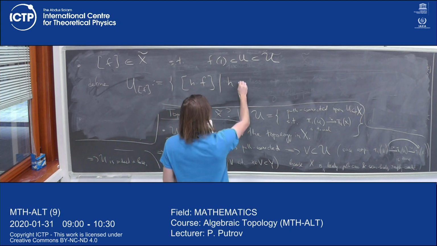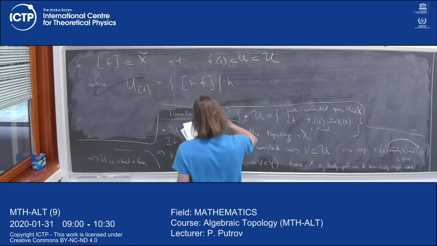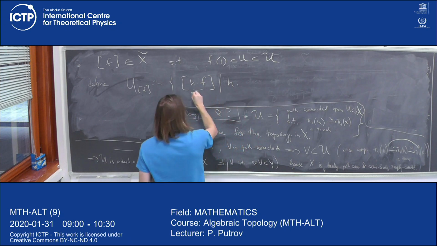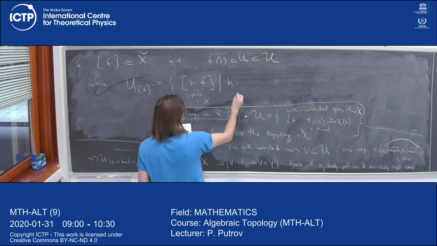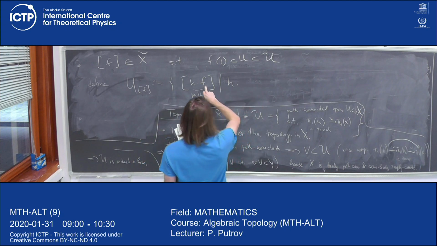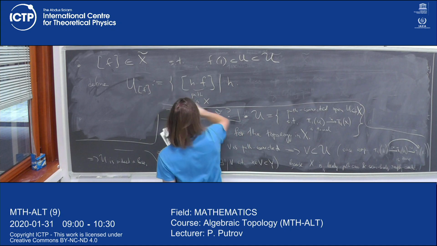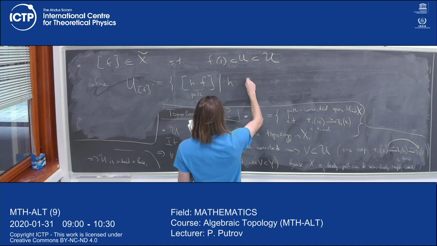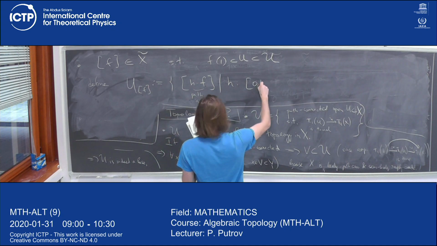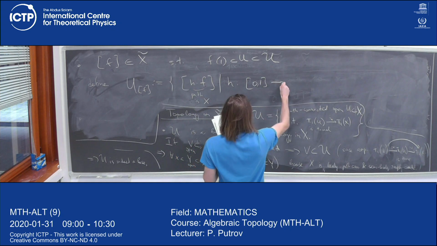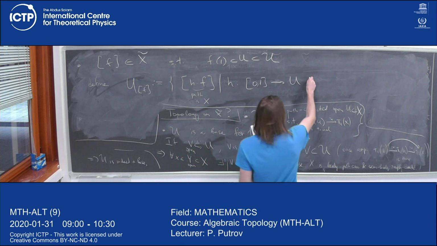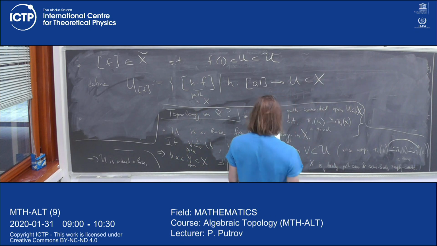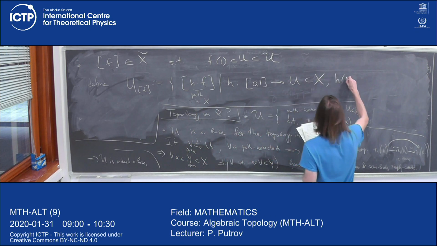So we pass in X, which are obtained by composing paths F, which we had before, with an arbitrary path, which is a path in U inside of X, and such that.